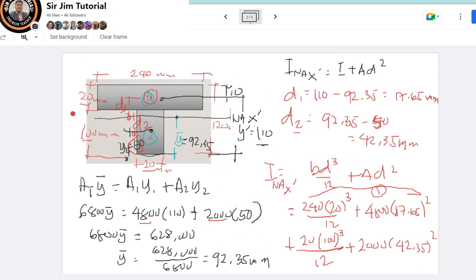Earlier we had it in this direction. Now if we are going to get the moment of inertia about the y-axis, we can just rotate the section so that it will be easier for us to understand.